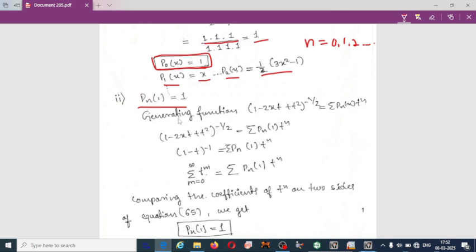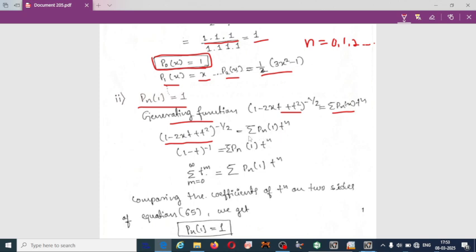Next one, Pn of 1 equal to 1. How can we prove it? By taking the generating function, 1 minus 2xt plus t square to the power minus 1 by 2, that is equal to summation Pn of x t to the power n. This is the generating function of Legendre's function.